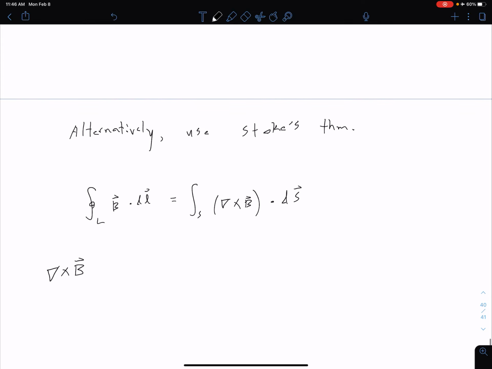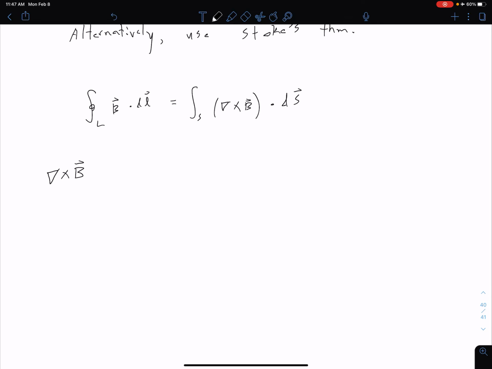So we want to go back to our equations from the previous videos where we had an equation for our curl in cylindrical coordinates. Doing that, we have 1 over rho times the partial with respect to phi of our z component, but in this case we have 0 z component, so that's 0, minus the partial with respect to z of our phi component, which is sine of phi, and all of that is in our rho direction.